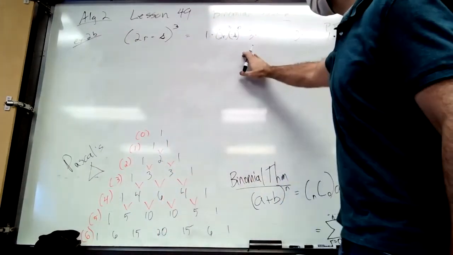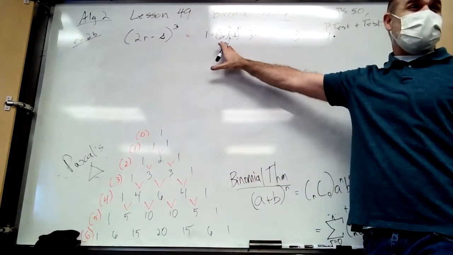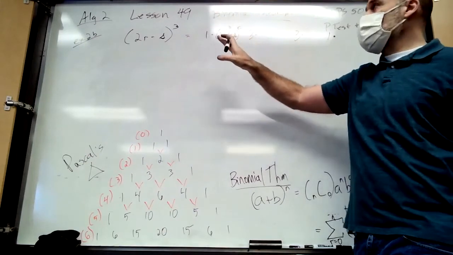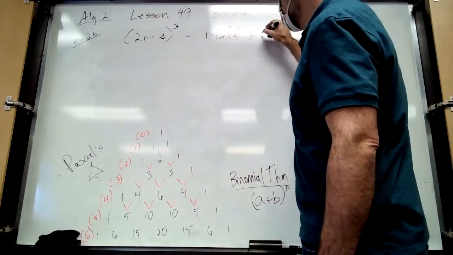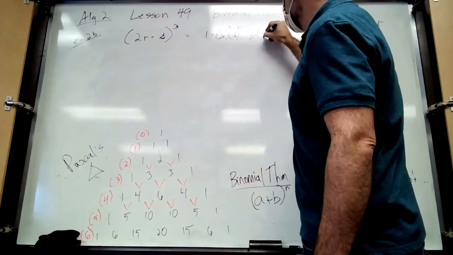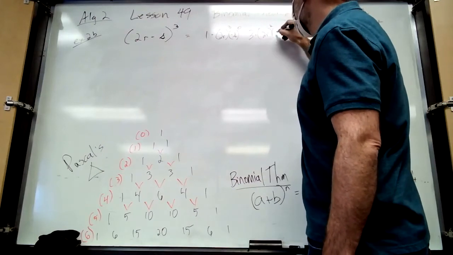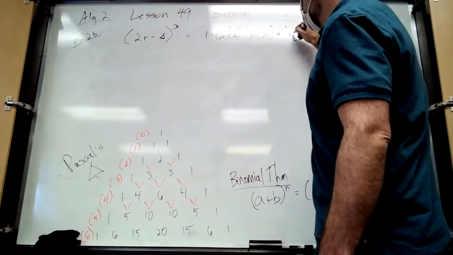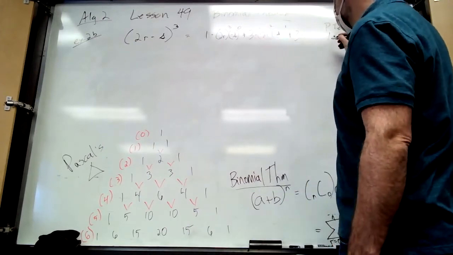All right, so now the 2r's go down and the negative s's go up, the exponents, right? So what do I write next? 2r cubed, or sorry, squared. 2r squared. Negative s to the 1. Okay, awesome. All right, and then we're just adding everything.